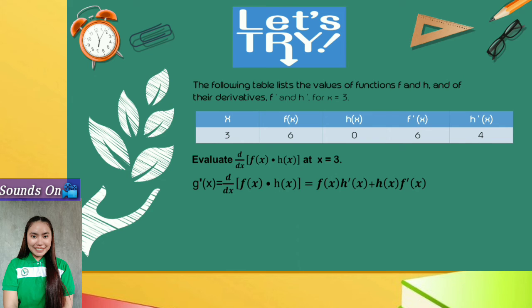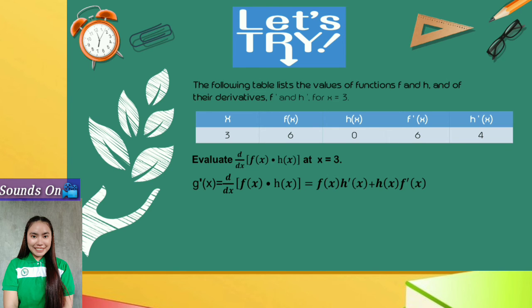So g prime of x is equal to, applying the product rule, derivative of f of x times h of x is equal to f of x times h prime of x plus h of x times f prime of x. At dahil given na ang mga values ng mga derivatives, kaya hindi na natin kailangang mag-solve.